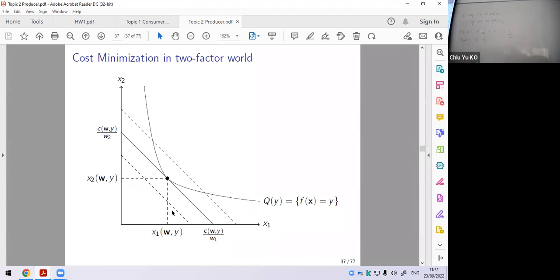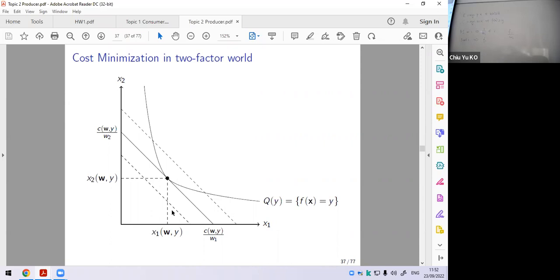It's very simple. So I have isoquant here, right? And sorry, this is the production plan, right? Now I increase my production up to here, okay? And I would have another line, right?